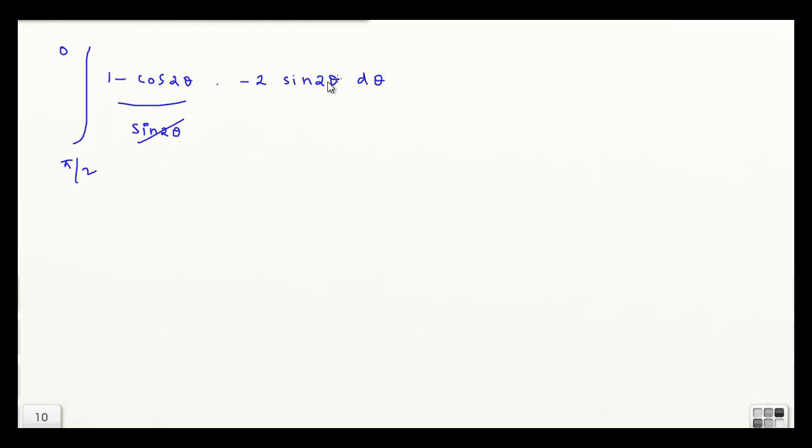This simplifies very nicely. Let's take the minus 2 outside: it's the integral of d theta minus the integral of cos 2 theta d theta, applying the limits.